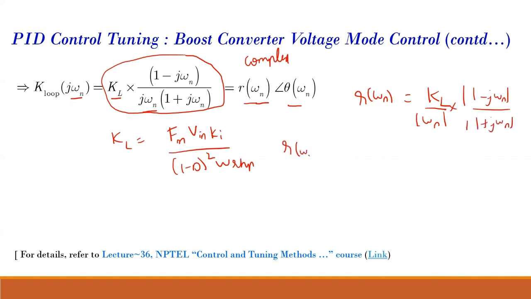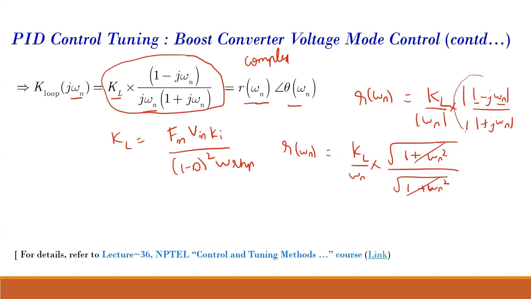So my R of omega n will be equal to KL, omega n is positive, so omega n into square root of 1 plus omega n square divided by square root of 1 plus omega n square, because magnitude is the real part square plus imaginary part square. So these two get cancelled. That is why I have wantedly made it to be of this form. Okay, so my R of omega n will be equal to KL of omega n.